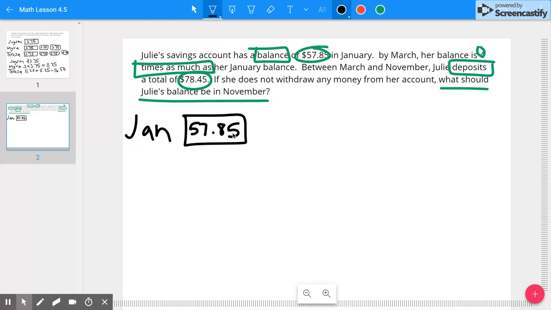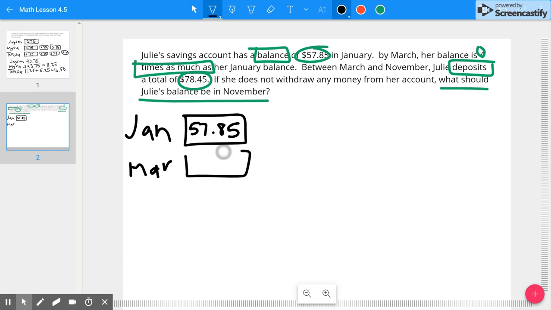Then it goes on to talk about March. So I'm going to write the word March, abbreviated MAR. It says that her balance is 4 times as much as her January balance. So to me, that's telling me that she has $57.85 4 times in her bank account.